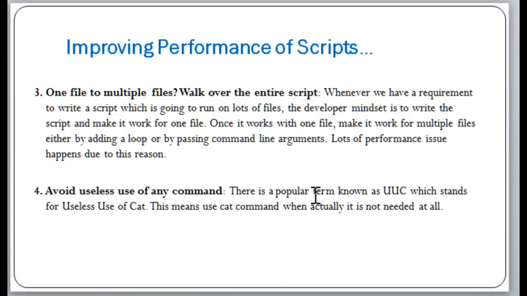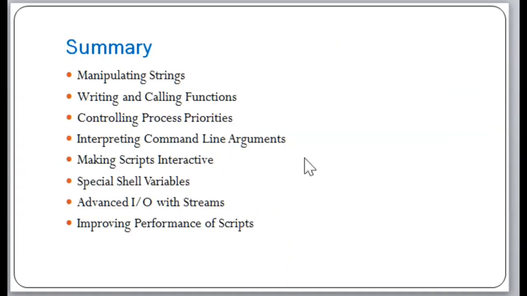There's a problem term known as UUC, which stands for useless use of cat. This means using the cat command when it's actually not needed at all. So if we don't need to use a command, guys, don't use it, right? If the script or something else is going to do it anyway, there's no need to throw this command in there. You're just using up more power than we need to.